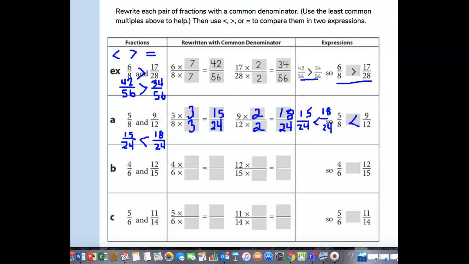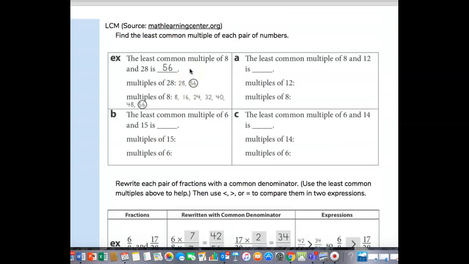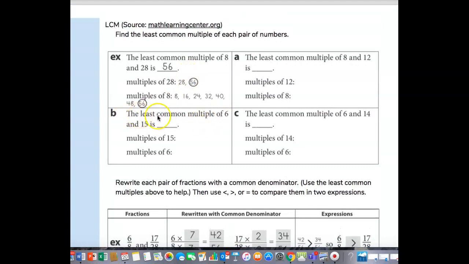All right, okay, let's go back up here. And we had to find the common multiple of 6 and 15. All right, so 6 times 1 is 6. Oh, there we go. 6.